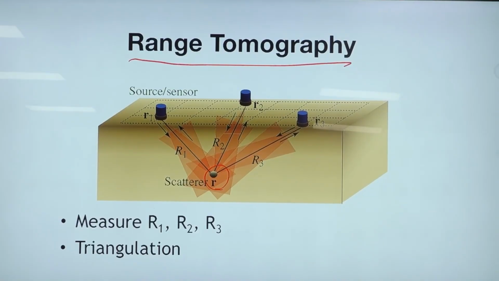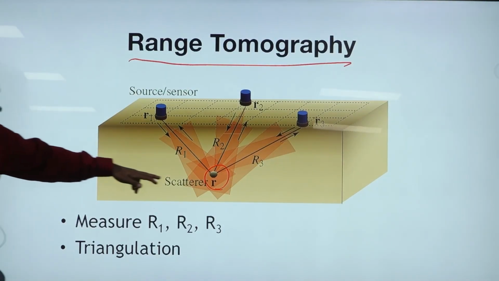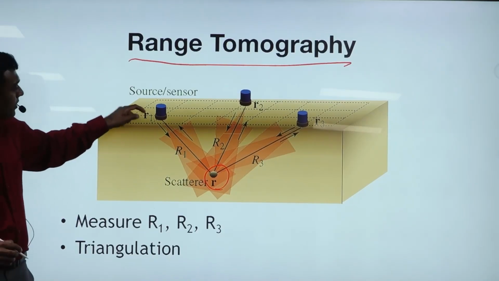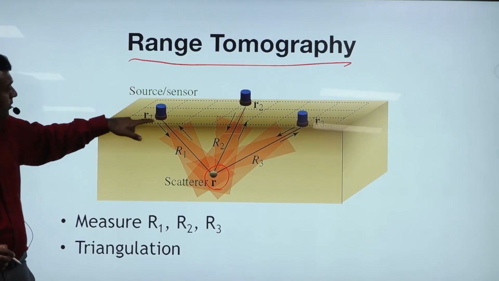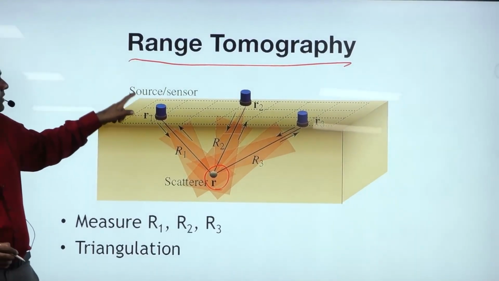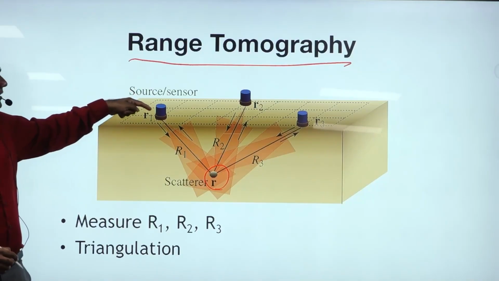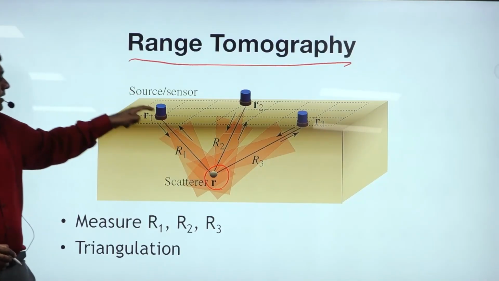So we are assuming that there is an object in 3D somewhere deep inside, which we are interested in figuring out the location of. Okay, so it's at a location at position R, or X, Y, Z, and what we will do is send a signal from one of these. We have a source and a sensor combined into one entity. We send a signal and get a signal back.